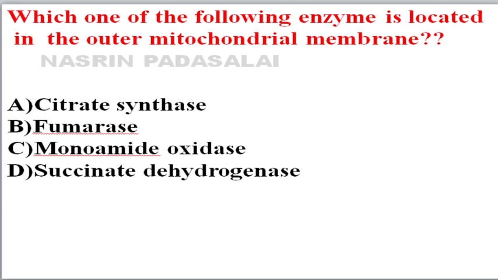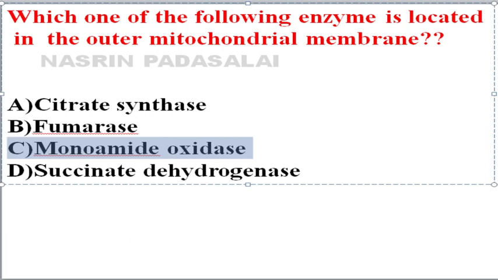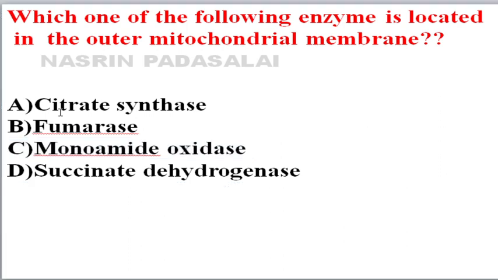Next, which of the following enzymes is located in the outer mitochondrial membrane? Okay, I think many of the students are getting confused. Except monoamine oxidase, all the enzymes like citrate synthetase, fumarase, and succinate dehydrogenase are involved in the respiratory chain or electron transport chain. In that circumstance, all these enzymes are present in the inner mitochondrial membrane.